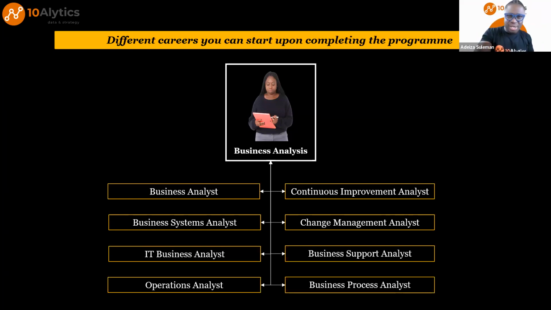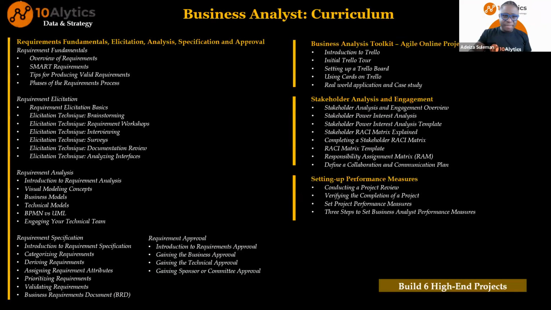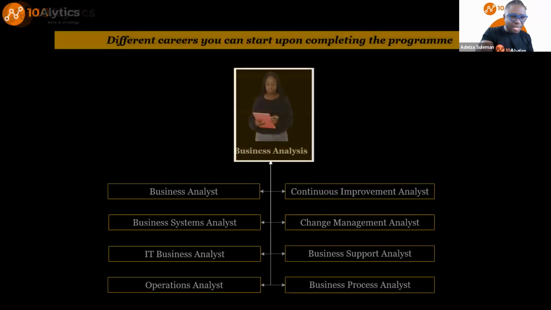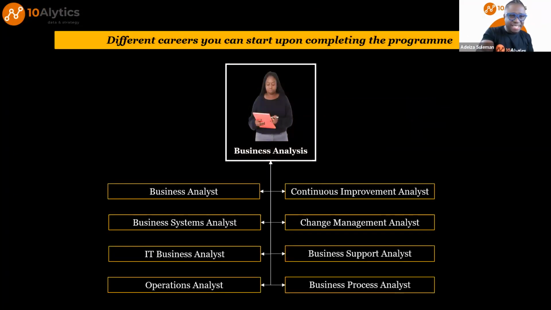So as a business analyst, you can apply to jobs as a business analyst, which is pretty straightforward. You can apply to jobs as a continuous improvement analyst, change management analyst, business support analyst, business process analyst, business systems analyst, even business data analyst, IT business analyst, operations analyst, and you see so many different job titles.